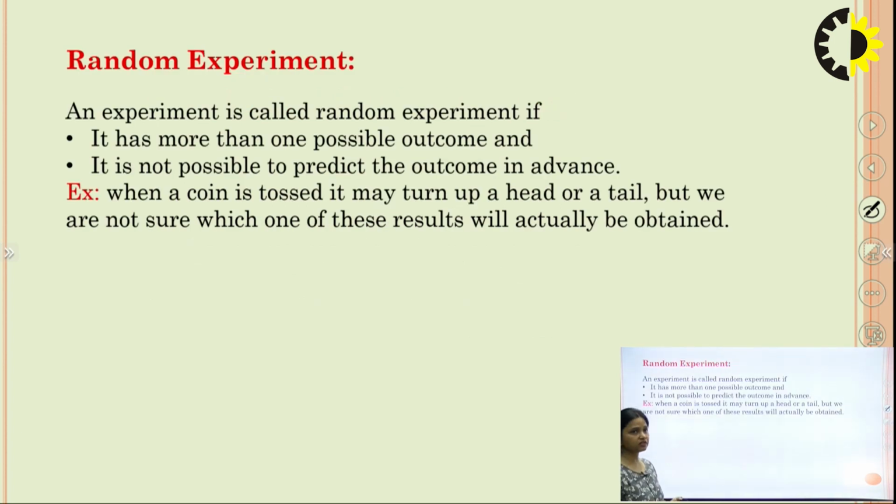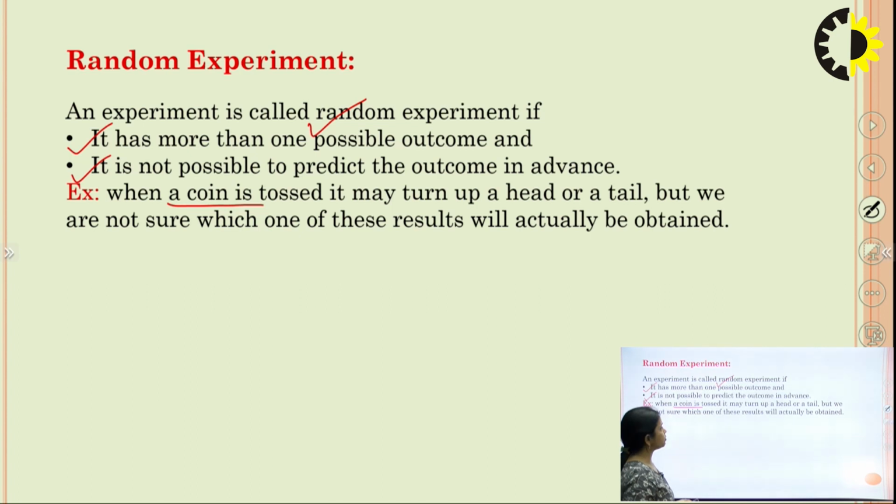So let us start the lecture, and first of all we must know what is a random experiment. An experiment is called a random experiment if it satisfies two properties. The first one is it has more than one possible outcome, and the second property is it is not possible to predict the outcome in advance. I am going to take an example, and the experiment is tossing a coin.